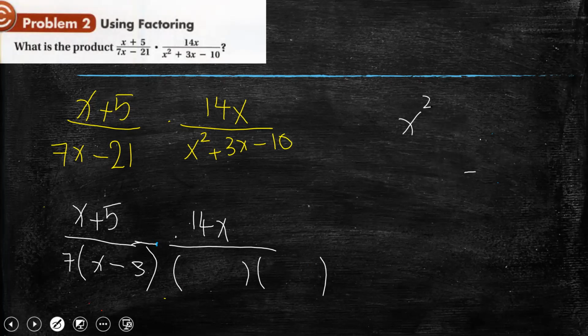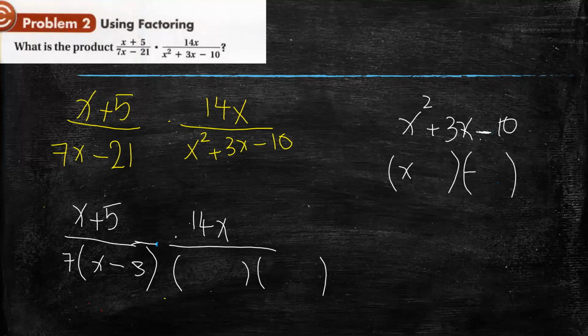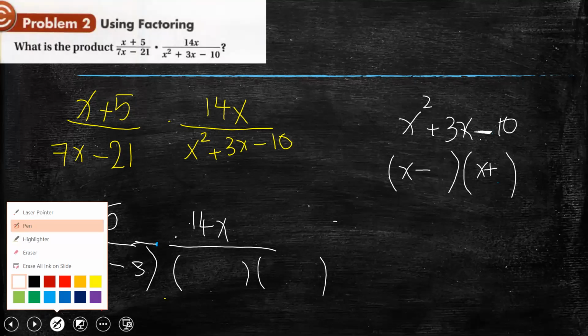As you remember, we have x squared plus 3x minus 10. Since we have a negative 10, one is negative and one is positive. Is it right? Yes.